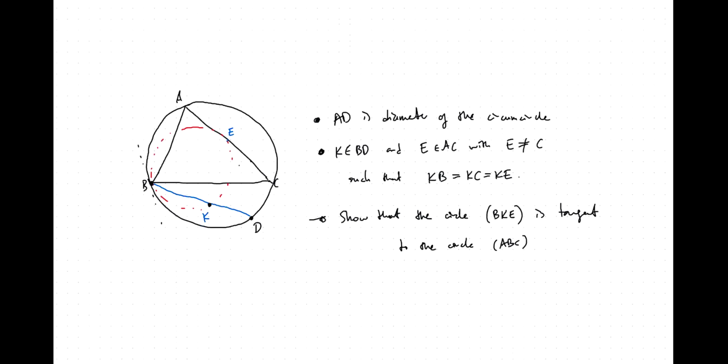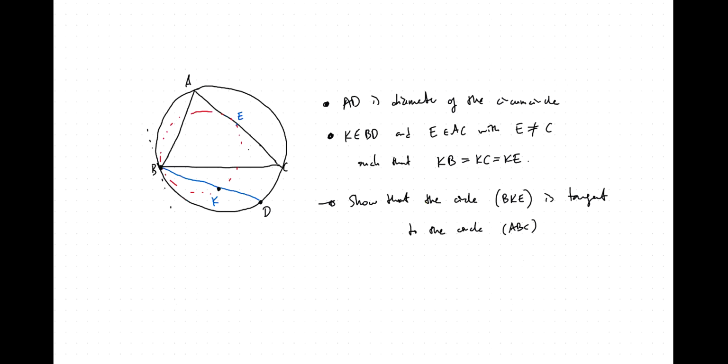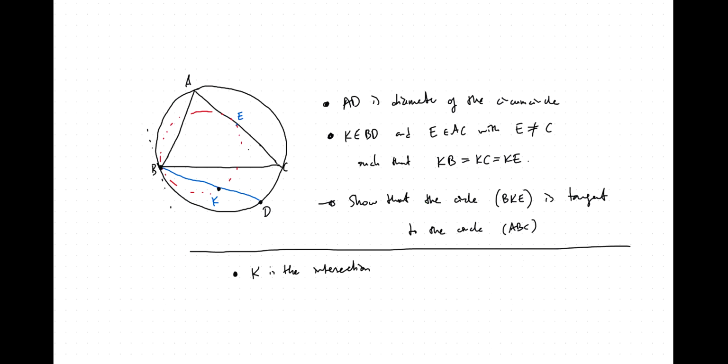Okay, so let's write these things. K is the intersection of the perpendicular bisector of BC with BD. E is what is called the second intersection of a circle.